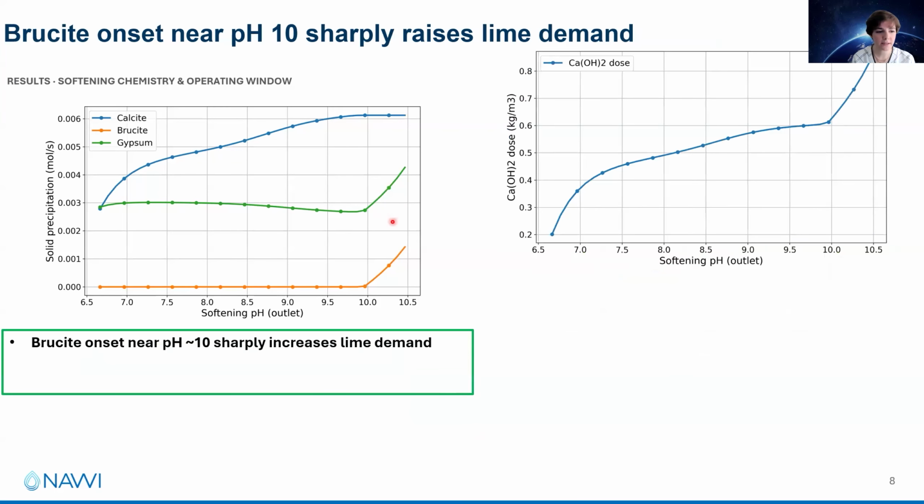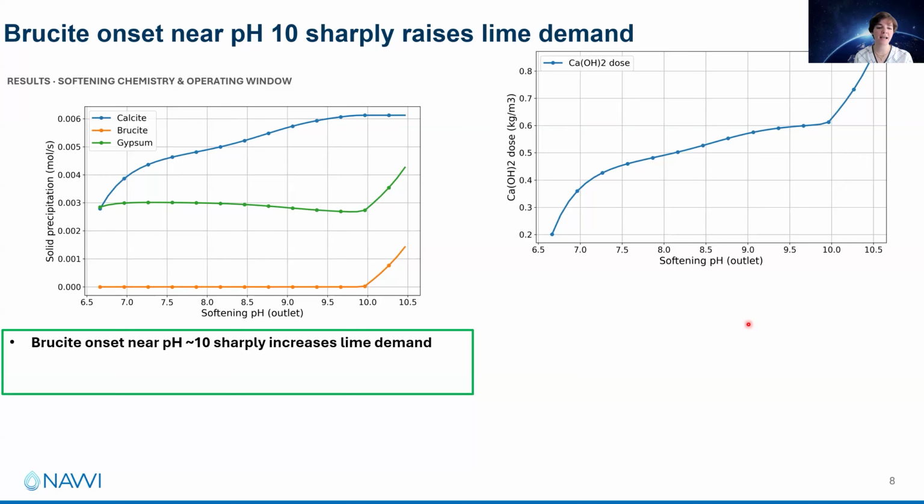So, let us go to brucite. After raising pH over 10, you will see that the brucite starts to appear, and that is in conjunction with an increase in our slack line dose sharply after increasing the pH over 10. And one might ask, why should I operate my plant in this region at all when I can have my magnesium, if its level is not that high that it causes problems?